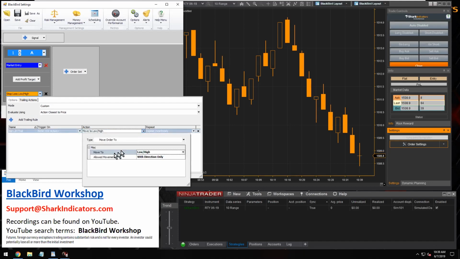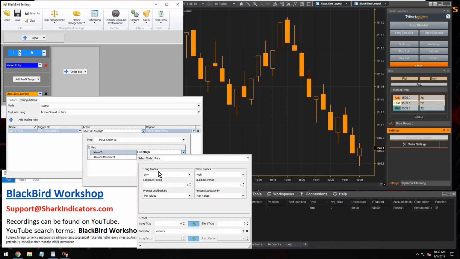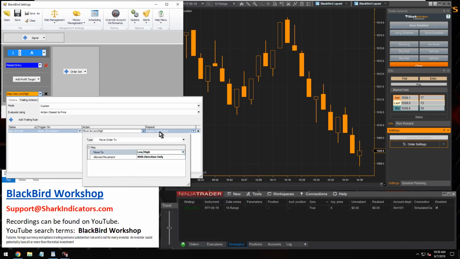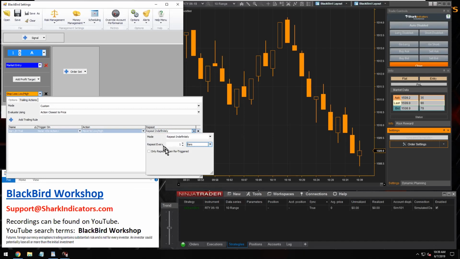If we take a look at the action, we're going to move the stop loss to the low or the high of the bar, depending on whether it's a long trade or a short trade. Here we're just taking the low price and setting the stop loss to the low price. And the repeat here is set to once every bar.